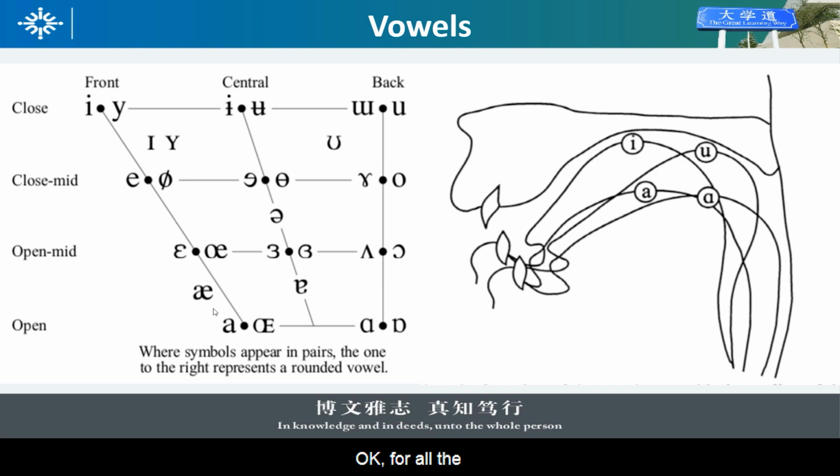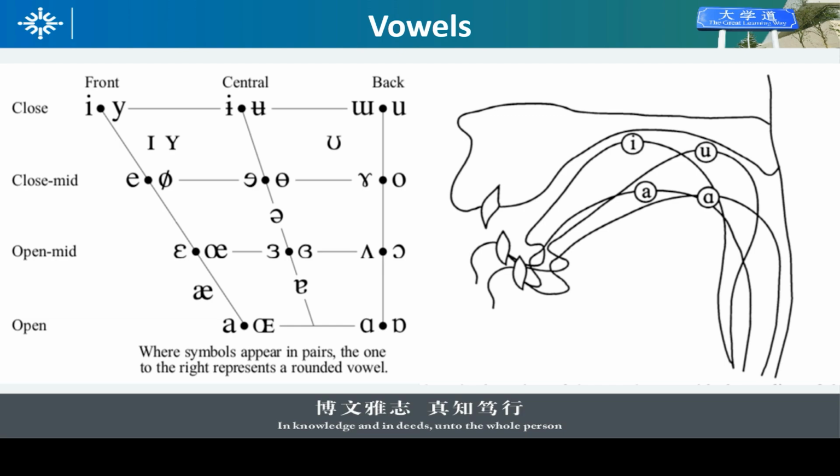For all the front vowels, remember you must put the tip of your tongue to touch your lower teeth, right? And then the only change you can make is to open or close your mouth in this way.